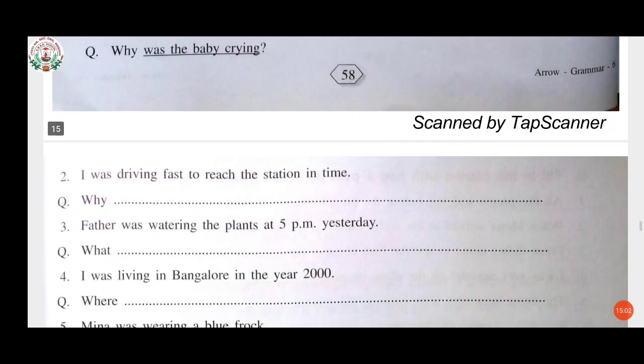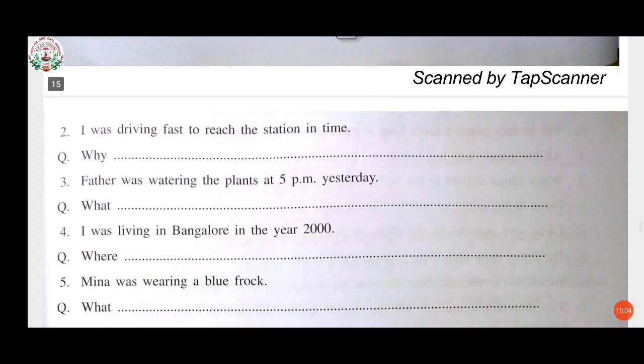Like the second one, I was driving fast to reach the station in time. So, why were you driving fast? Okay, now next one, that is third one, father was watering the plants at 5 p.m. yesterday. So the question will become, what was father doing yesterday?